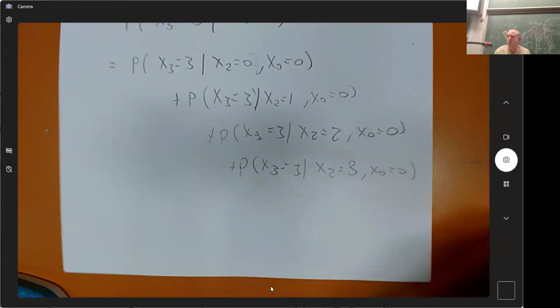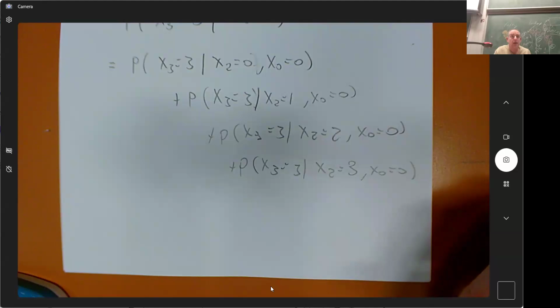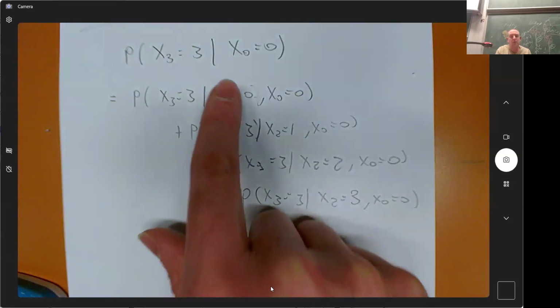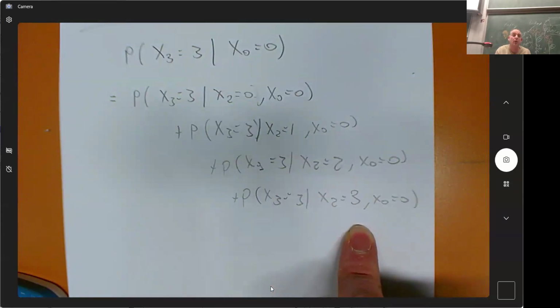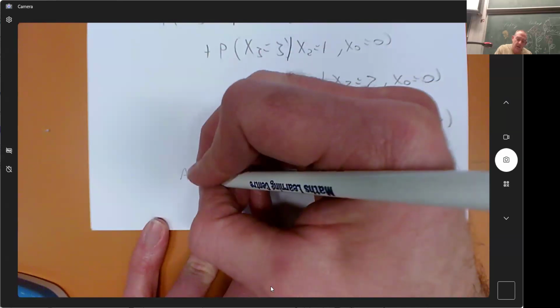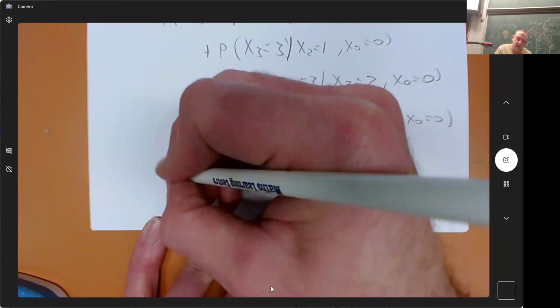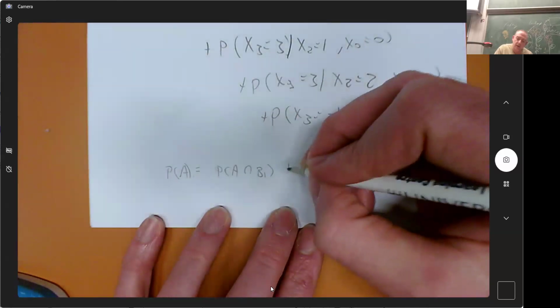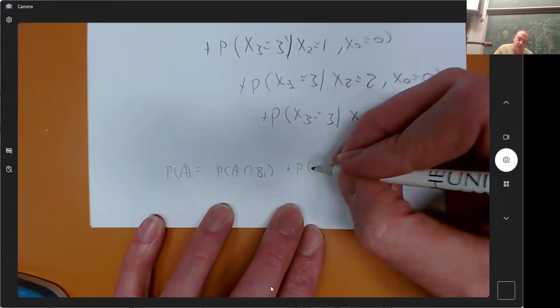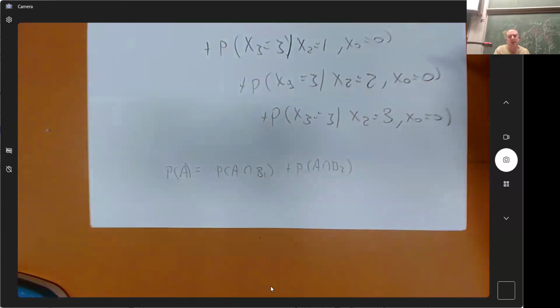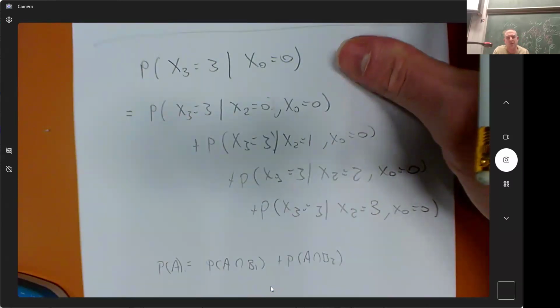So this is a law of total probability thing. x3 being 3 can happen in 4 different ways, depending on what the previous step was. So this is kind of like the probability of A is the probability of A and B1, plus the probability of A and B2. Have I done that wrong? Just give me a second. That's not a given, is it?